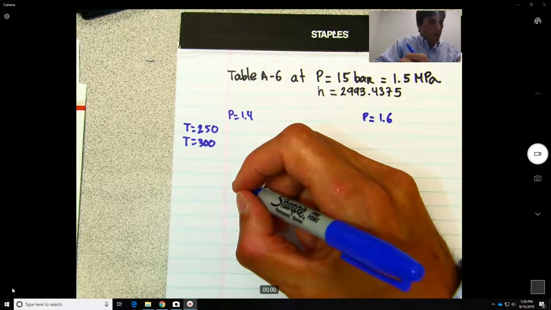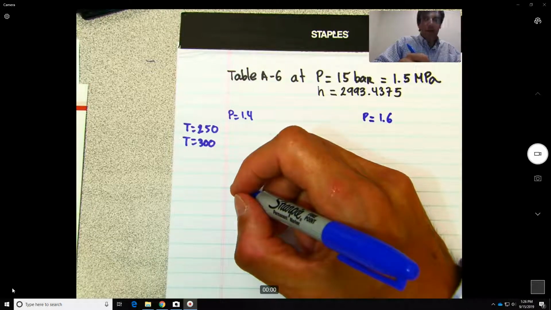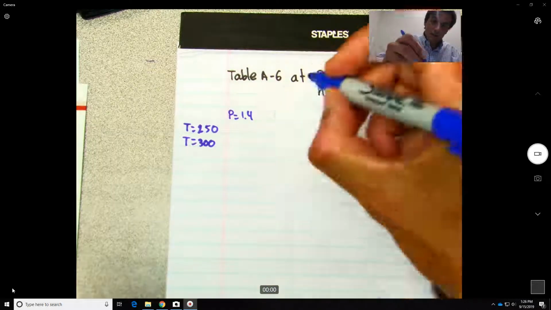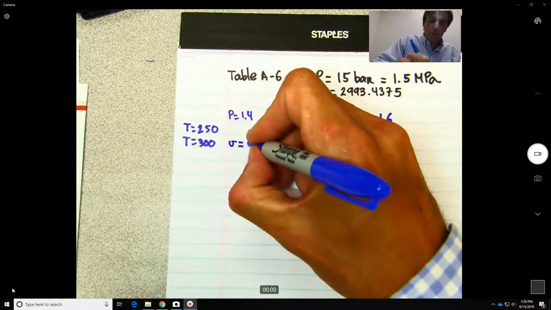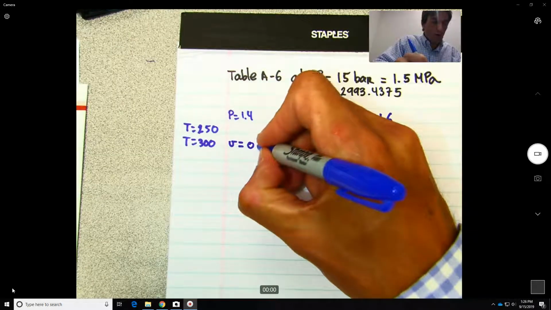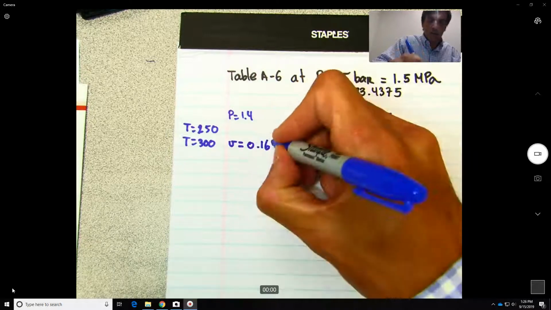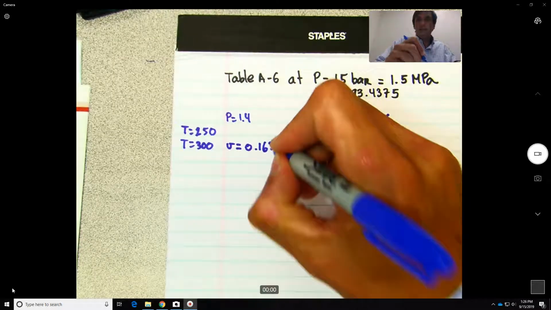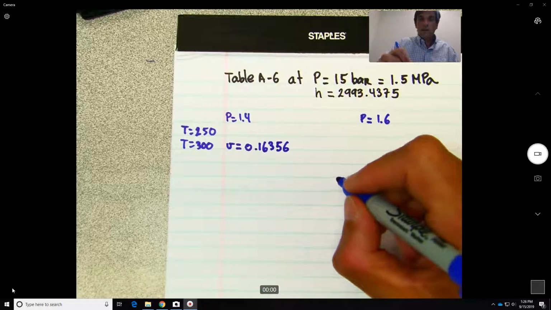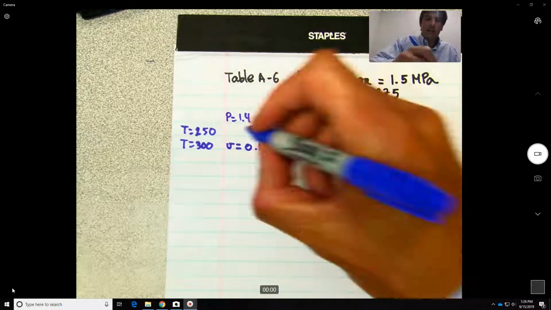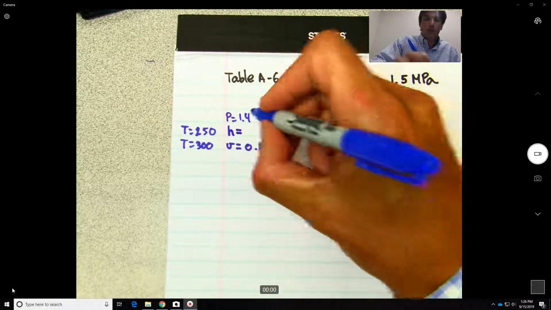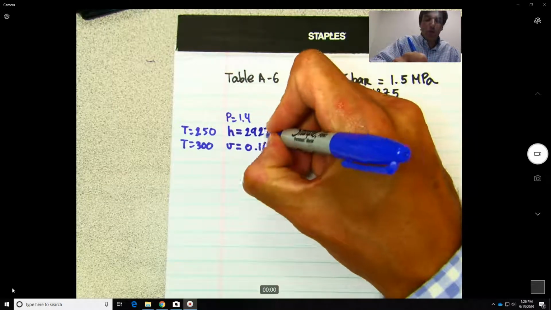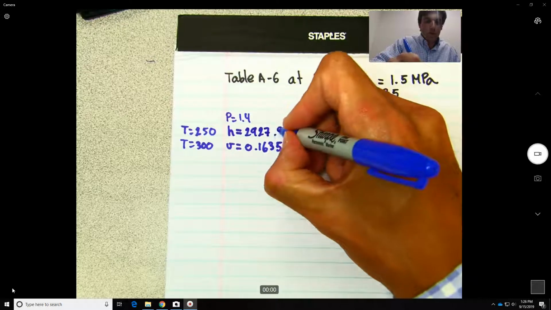So at 1.4, we're going to have v equal to 0.16356, and we're going to have that H equal to 2927.9.